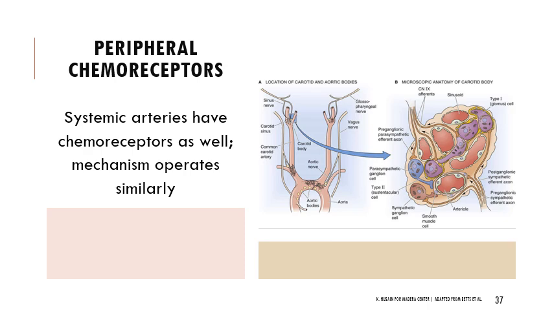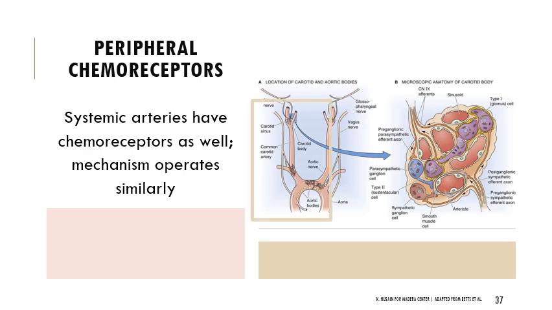In addition to the central chemoreceptors, there are also peripheral chemoreceptors. If we think about that word peripheral, it's like the periphery, the outside, so not central, not in the central nervous system, but elsewhere in the body. These are found on systemic arteries, and the mechanism operates very similarly to the central chemoreceptors.